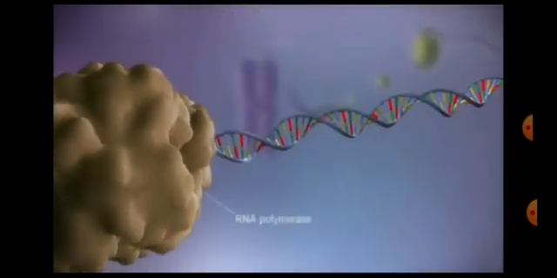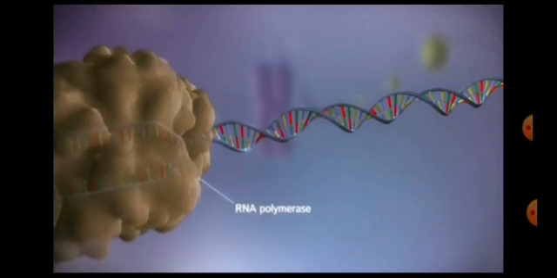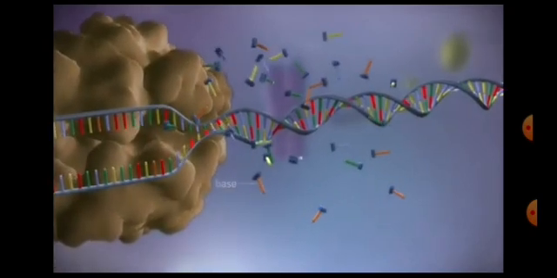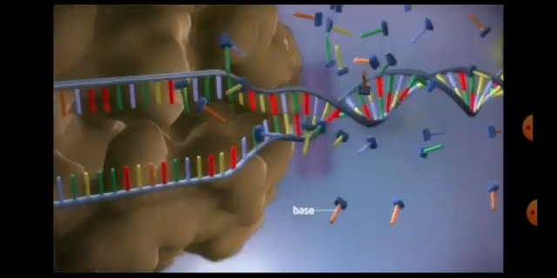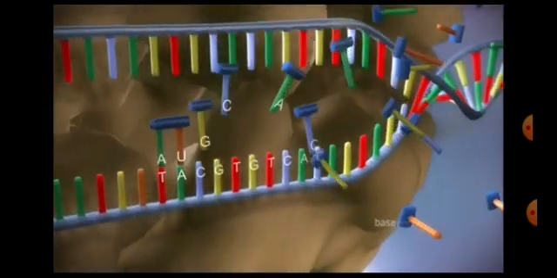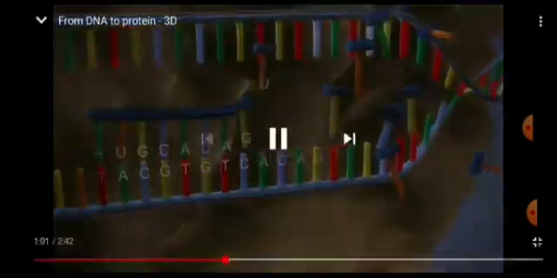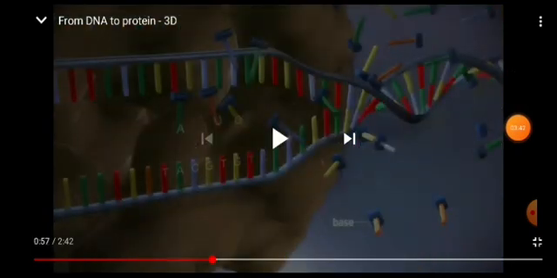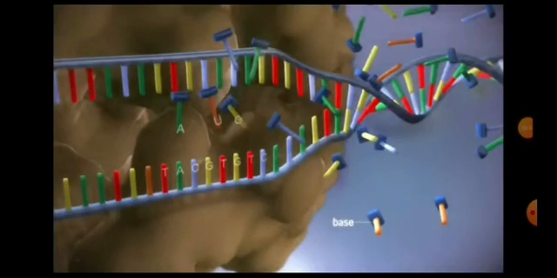There is an enzyme called RNA polymerase. It binds to that gene and starts synthesis of messenger RNA. Here you can see that the bottom strand of that double-stranded DNA, after unfolding, is being used as a template for the synthesis of a new strand.